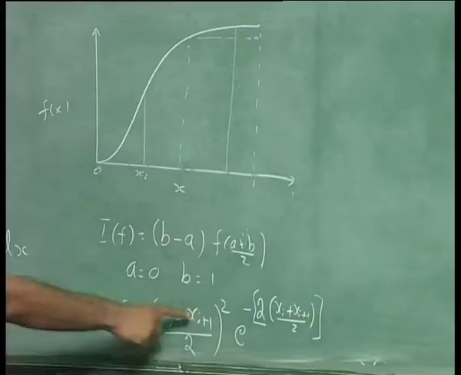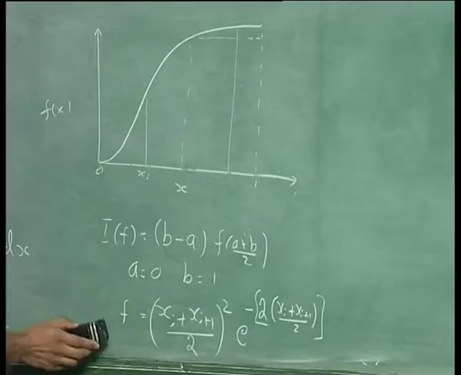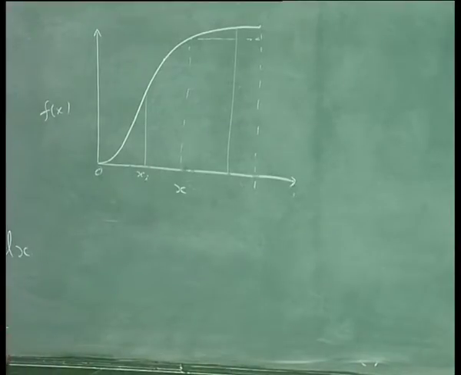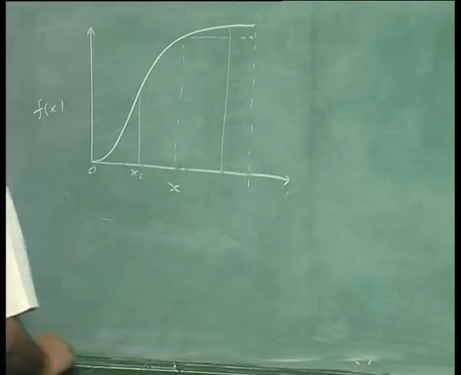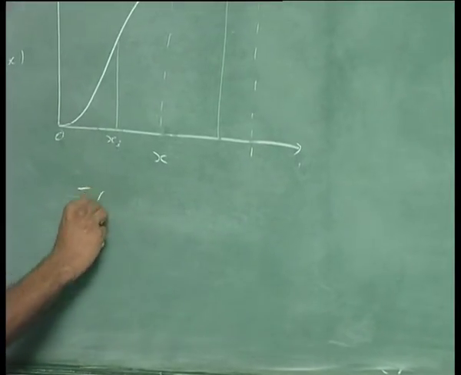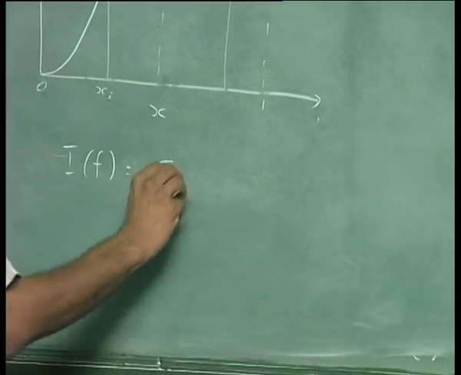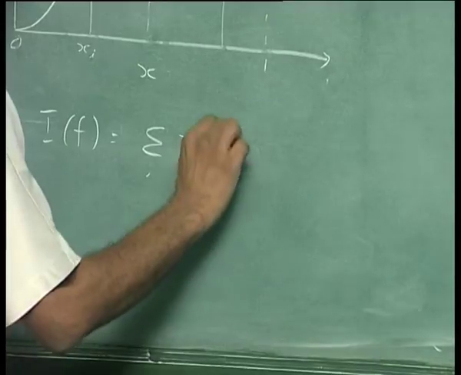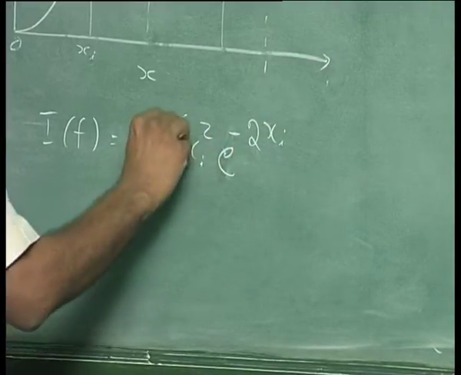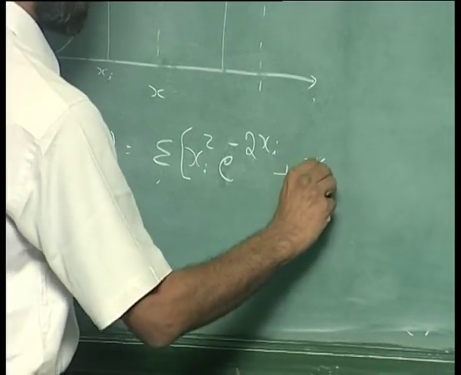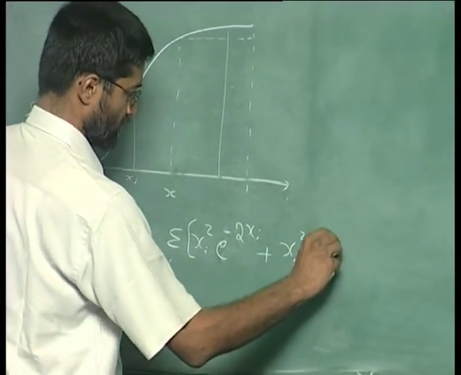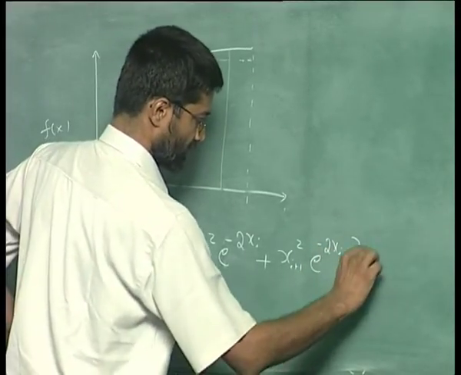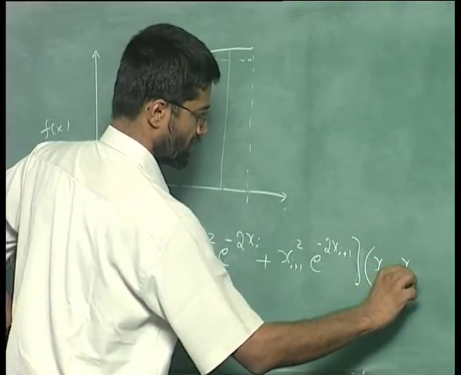So let's change this a little bit. I will now write this for the case of the trapezoidal rule. What the program does is compute I of f as the sum over i of xi squared times exponential of minus 2 xi, plus xi plus 1 squared times exponential of minus 2 xi plus 1, in the interval xi plus 1 minus xi, divided by 2.